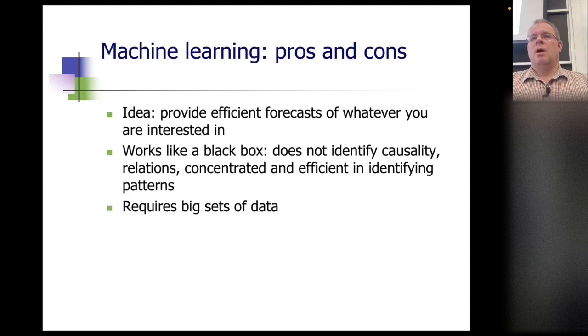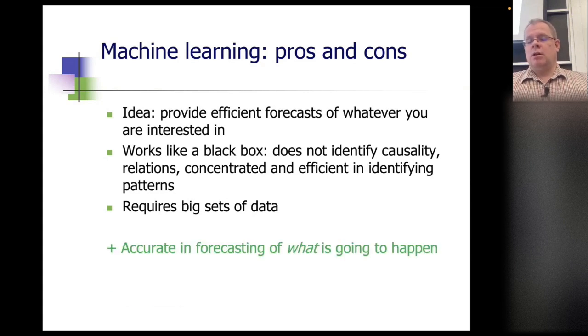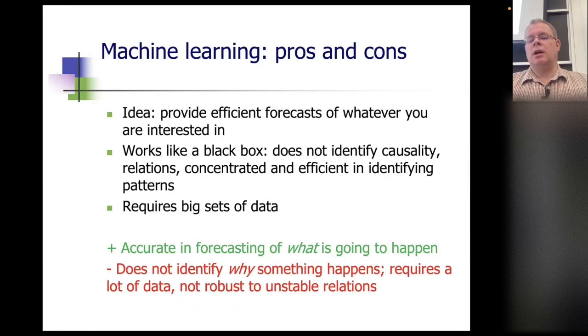Since you are just identifying certain patterns, not really functions relating those objects that you have, you essentially need a lot of data for that. Because if you have small data sets, you will not be able to get sufficient information. So all in all, the main advantage of machine learning is that it's much more accurate in forecasting of exactly what is going to happen than the classical econometrics, while on the other hand, it does not answer why something is happening.